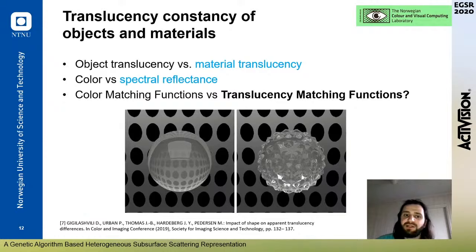If we compare this with color, it would be like color that is perceptual, and object translucency is perceptual, while spectral reflectance and material translucency are more objective. And we have a physiological understanding of color perception, like color matching functions, but we don't have translucency matching functions. Do they exist? And here is an example image. It's the same material, but the object shape makes one look translucent and the other one look transparent.